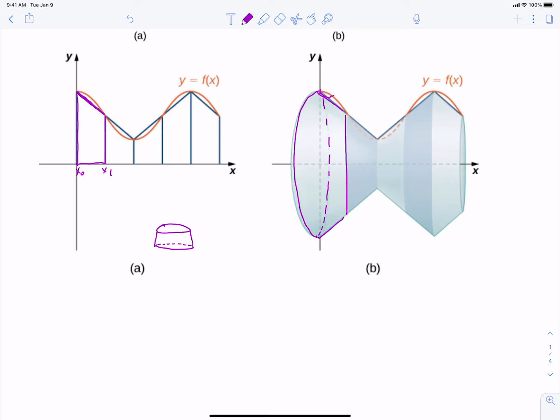So if we think about the surface area of a cylinder that has no top or no bottom, so it's a pipe, it's just the surface area of this outside part here. And that's just going to be 2 pi r times the height.